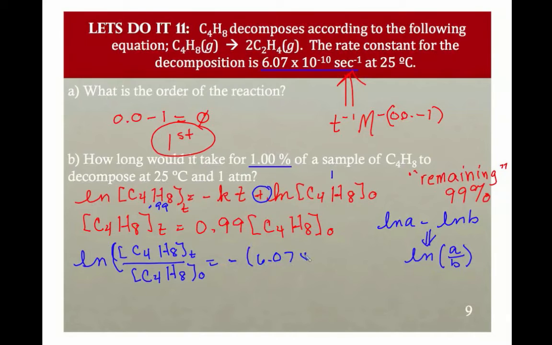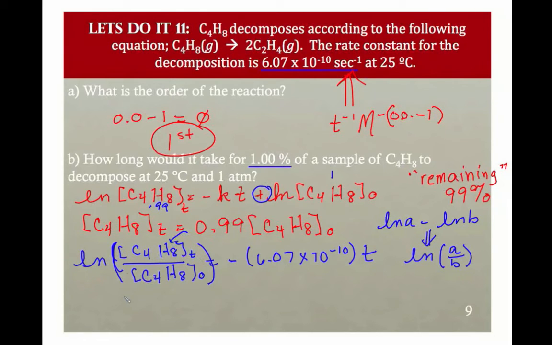So that's 6.07 times 10 to the minus 10 times t. I think that's a very handy way. You will see this often. And if I'm solving for time, typically this is a little bit easier algebra, but that's your choice of how you want to do that.